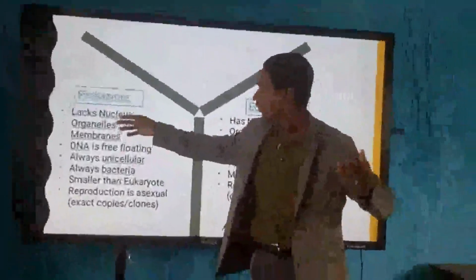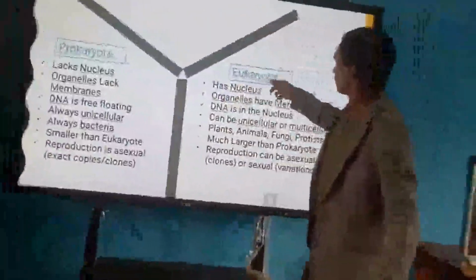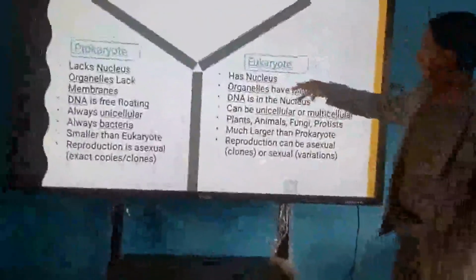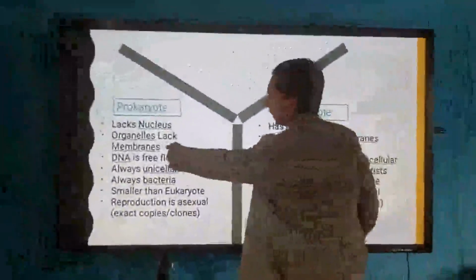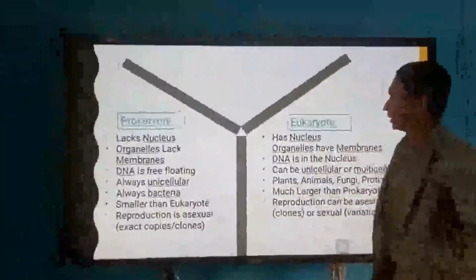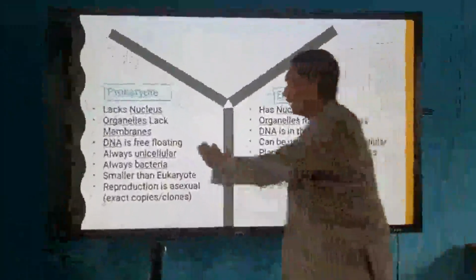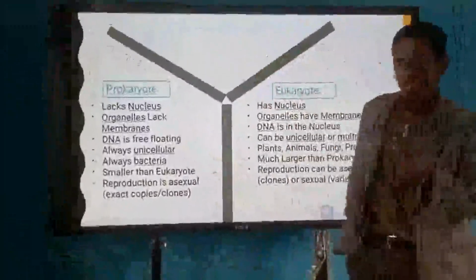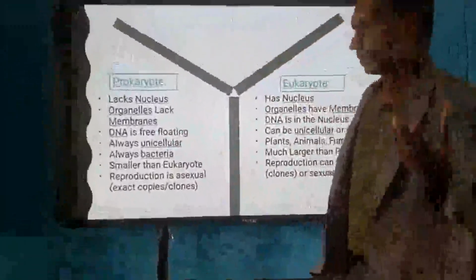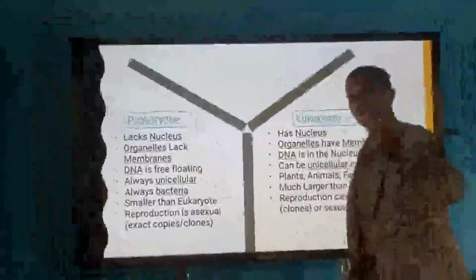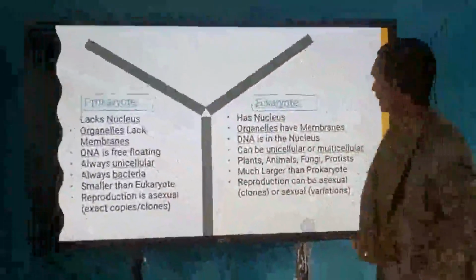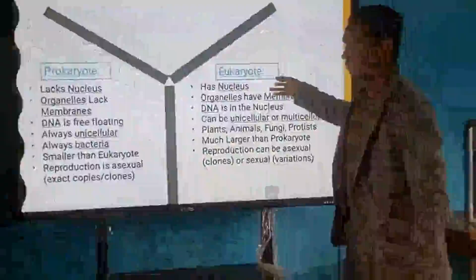Almost all of them don't have a nucleus, but eukaryotes have a nucleus. When we compare the prokaryotic with the eukaryotic, the cell membrane is very undeveloped. They have a very simple cell membrane. That means the structure of the cell membrane is not as complex as in the eukaryotic organism.